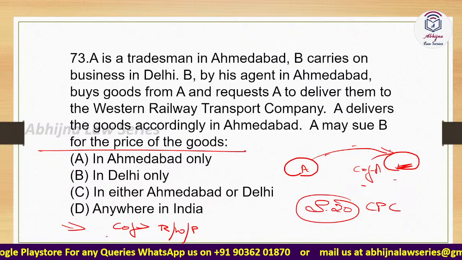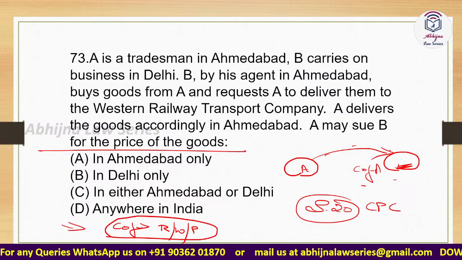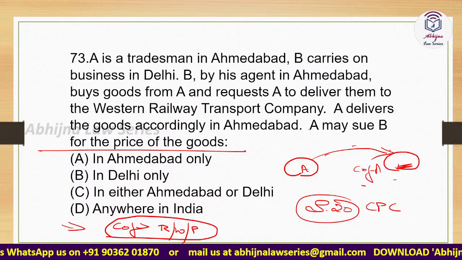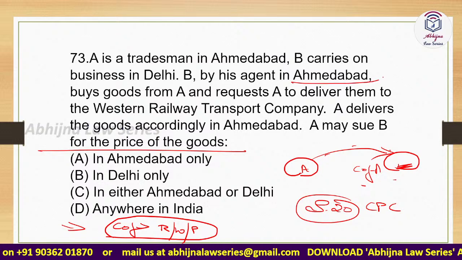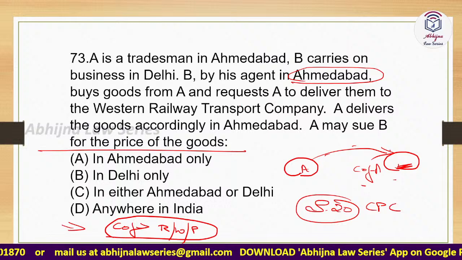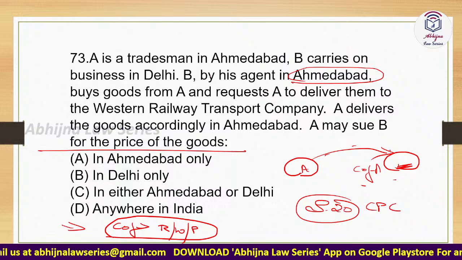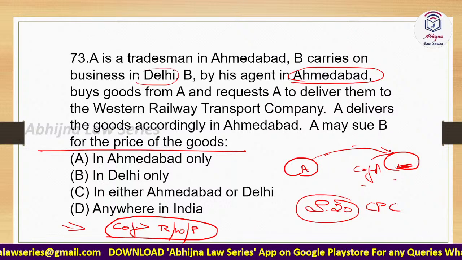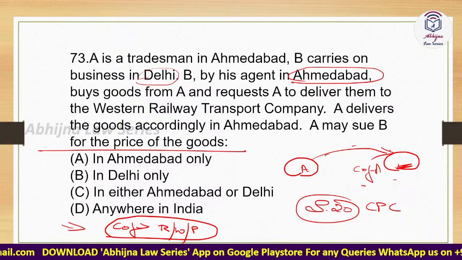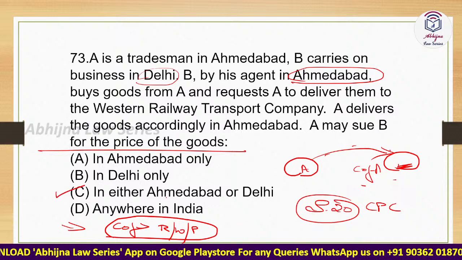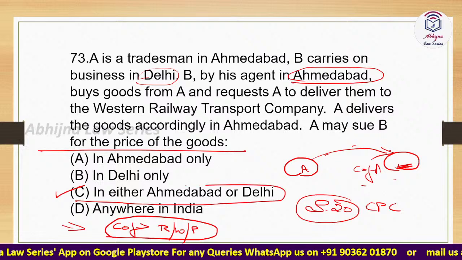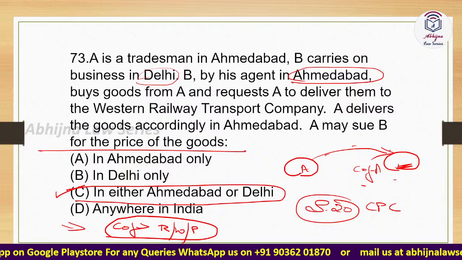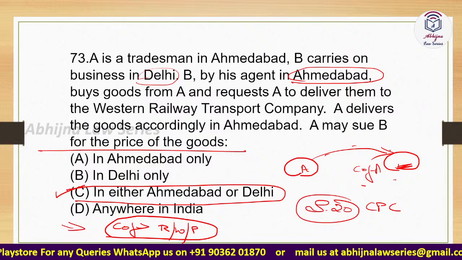In such places he can file a case. So here, the agent is residing in Ahmedabad and the business is in Delhi, where the cause of action has arisen. So that's why he can file a case in either Ahmedabad or Delhi. This is as per section 20 of the Code of Civil Procedure.